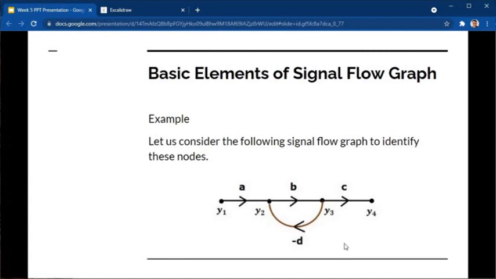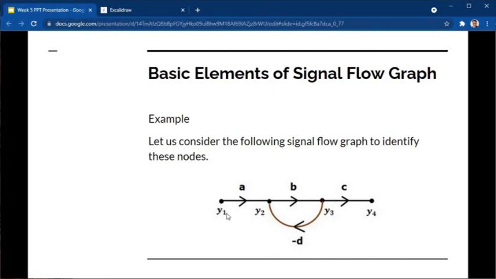In a signal flow graph, the node itself is the element. In this case, these are nodes labeled y sub 1, y sub 2, y sub 3, and y sub 4.